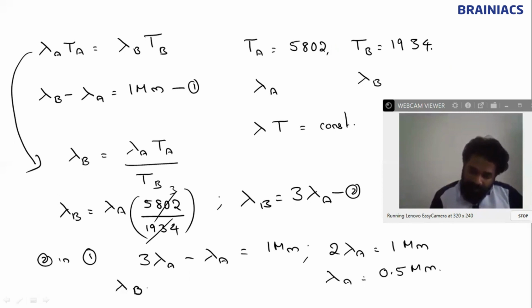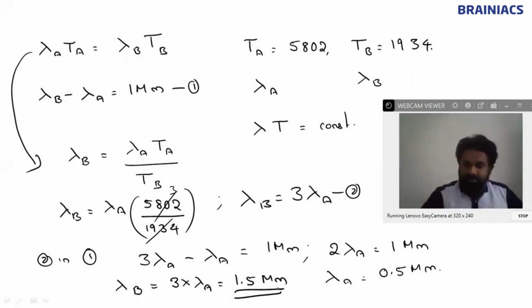Lambda B is 3 into lambda A, so 1.5 micrometer. This is the answer for this question. Lambda B is 1.5 micrometer. Is it clear? So this is a good question, a tricky one.